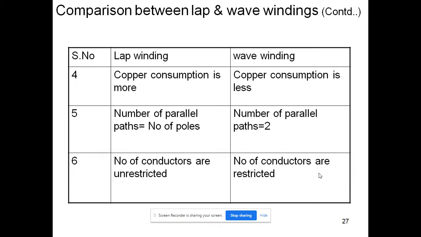Whereas in a wave winding, the number of parallel paths is always equal to 2. So there we substitute A is equal to 2 in the EMF equation. So the denominator in the EMF equation for a wave winding becomes 120, 60 into 2 is 120.